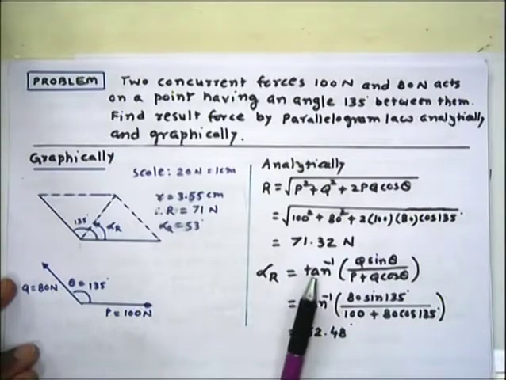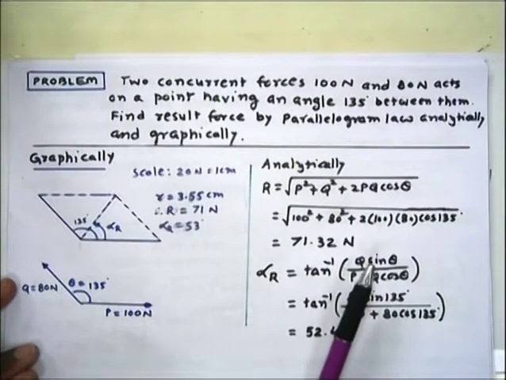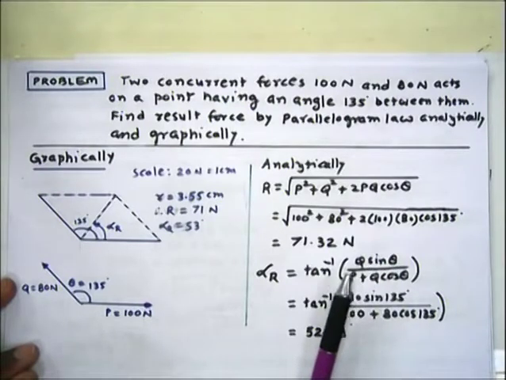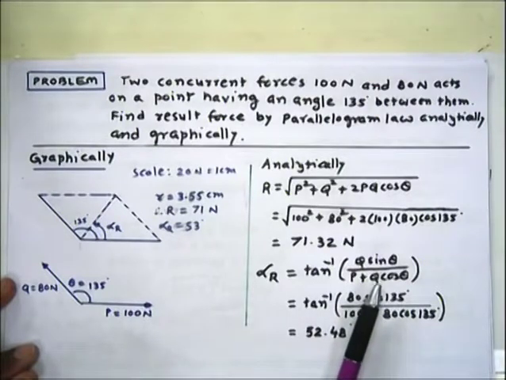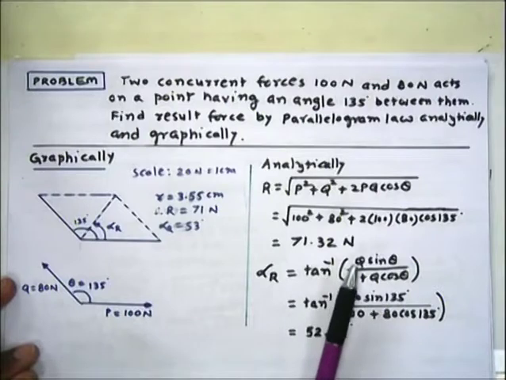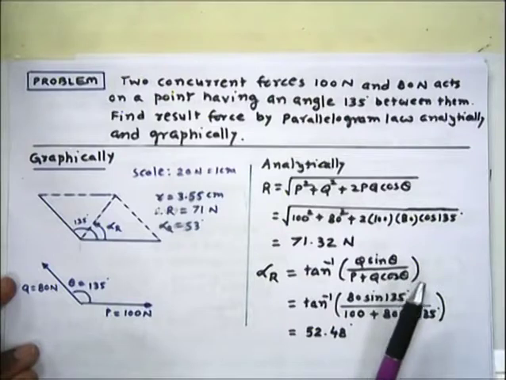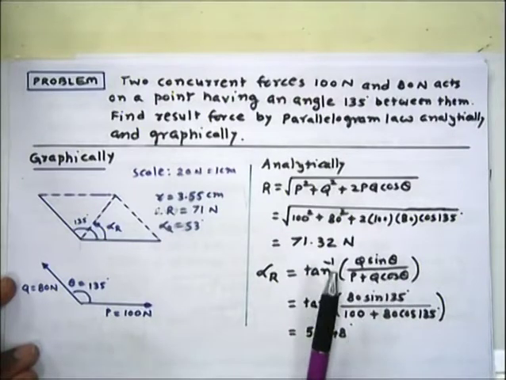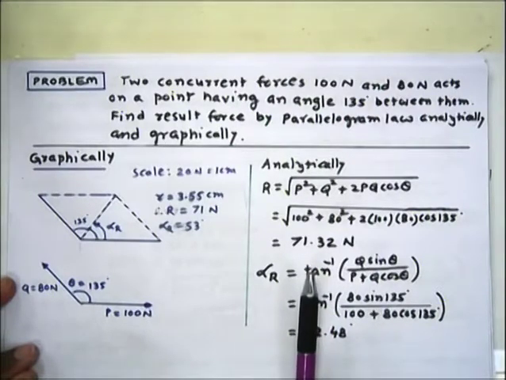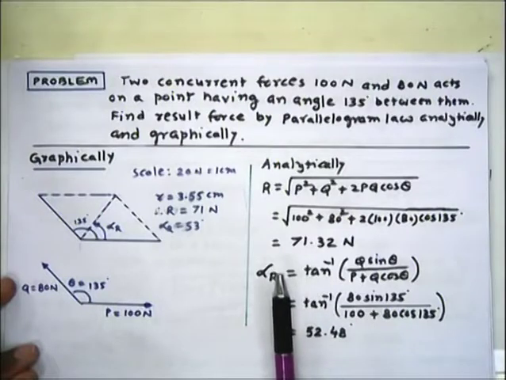Alpha R, tan inverse, instead of Q sin theta, that value will be P sin theta, divided by, instead of P here, Q, and instead of Q here, P. So this formula becomes tan inverse P sin theta divided by Q plus P cos theta, and this will give the angle of the resultant force with Q. But normally we keep one formula in mind and find the angle with P usually.